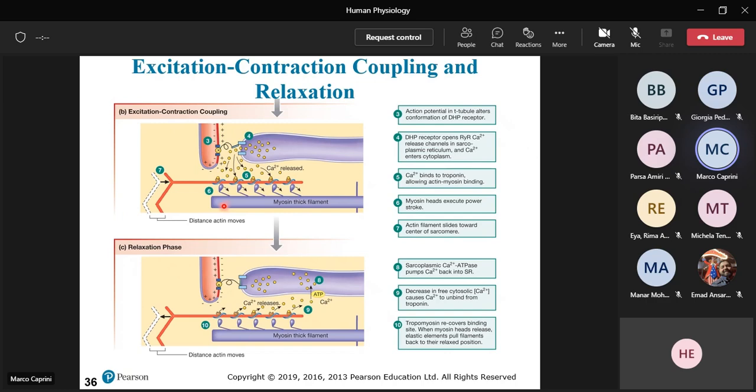So what is the process that allows the calcium ion to increase its concentration inside of the cell? It is because the acetylcholine binds to the receptor and generates an end plate potential, and then an action potential that moves along the sarcolemma and the T-tubules into the deepest part of the muscle.